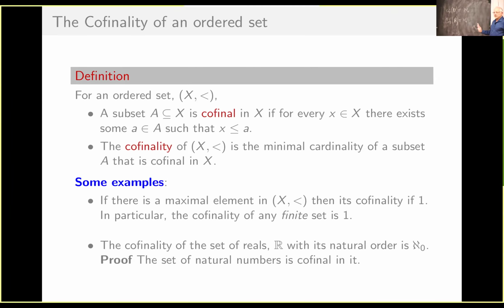So cofinality is very different from cardinality. Here I have all kinds of examples where the cofinality is Aleph null, and you can ask, maybe every set has cofinality Aleph null? It turns out that, of course, it would have been very boring if that was the case.